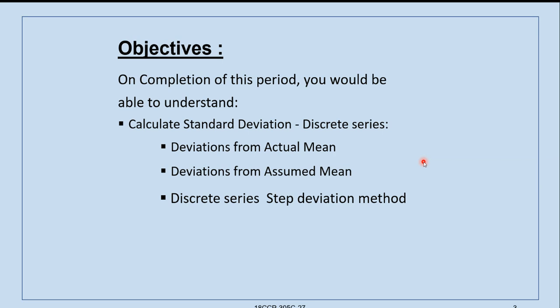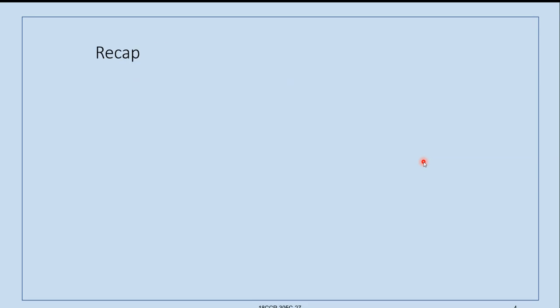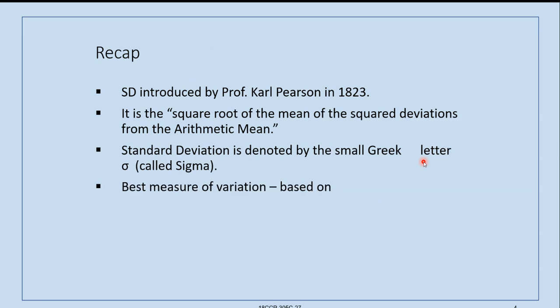Now we will see what are the things which we have seen in the last lesson. Standard deviation introduced by Professor Carl Pearson in 1923. And standard deviation means square root of the mean of the squared deviations.